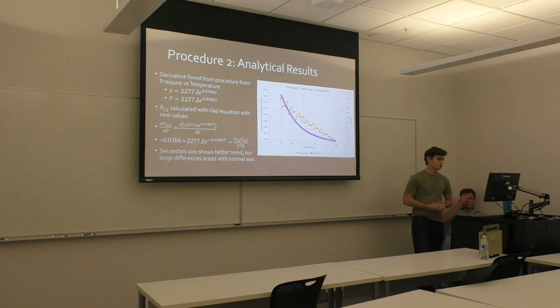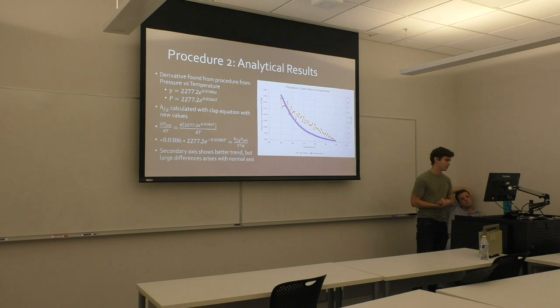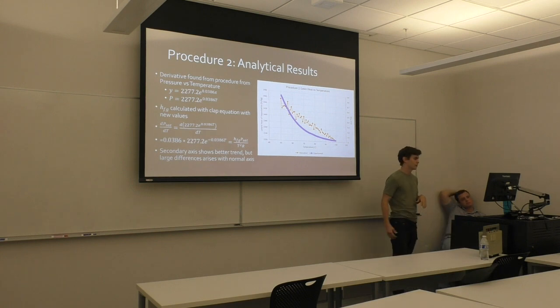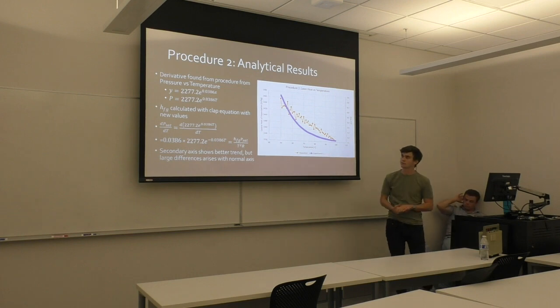So for procedure 2, the process that we did was done in order to have more accurate data, and I'll go into why it looks a little bit weird in a second. The derivative was found from our last procedure with pressure versus temperature. So I used the slope to solve for the y and p value, as you can see on the top left here.